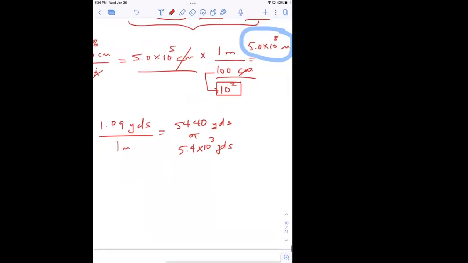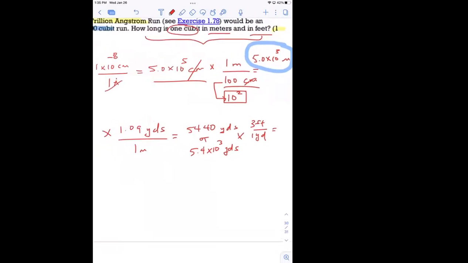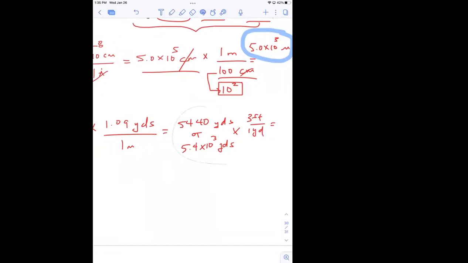All right, and then we're going to convert that into feet by taking this times 3 feet per yard. All right, what do we get from that? Close to 16,000, somewhere up in there? 16,350 feet. Right, so 16,350.